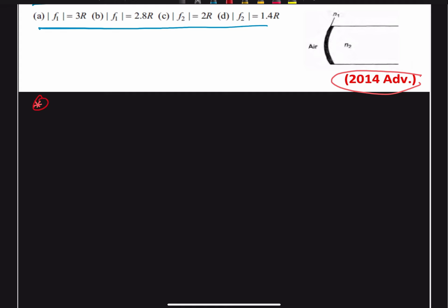So first, we are given a thin film whose refractive index is N1, equal to 1.4, and then we have a glass whose refractive index is N2 and is given as 1.5. And along it, we have two cases.